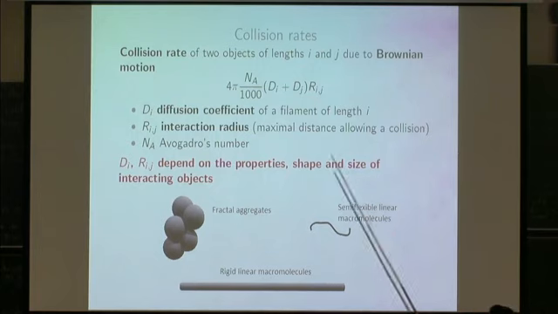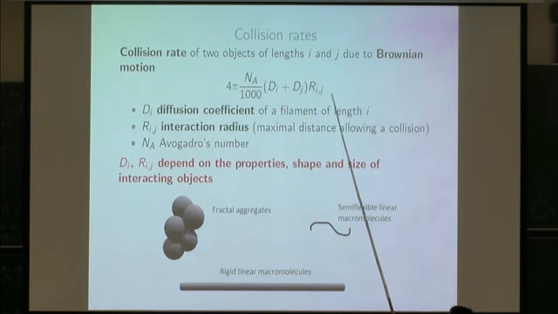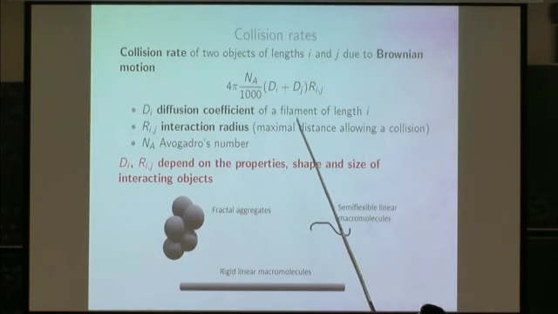In here, what you are going to have is the diffusion coefficient of the first object, the diffusion coefficient of the second object, and what we call the interaction radius. If two objects are too far, no way they can collide. And now the problem is how to describe these quantities, the diffusion coefficient and the radius of interaction.